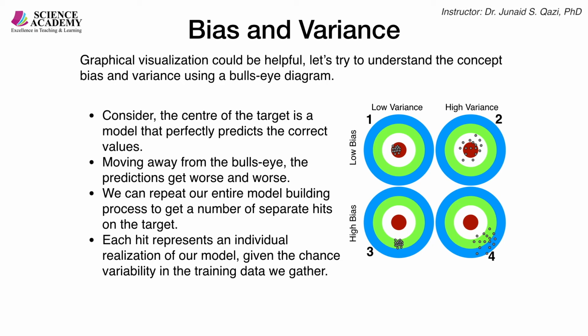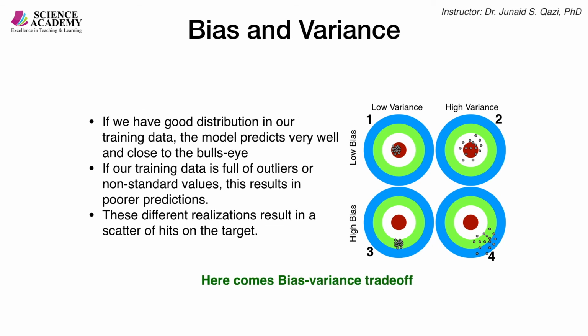So we can repeat our entire model building process to get a number of separate hits on the target. Each hit represents an individual realization of our model, given the chance variability in the training data we gather. If we have good distribution in our training data, the model predicts very well and close to the bull's eye.